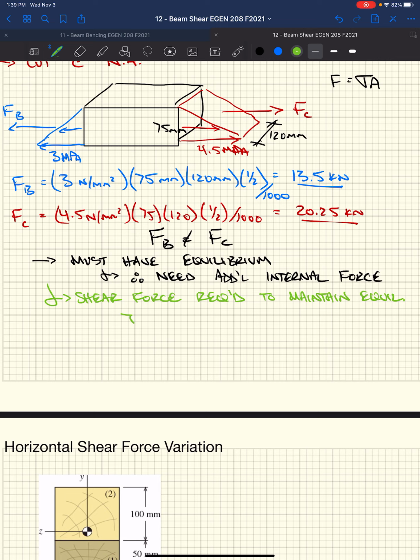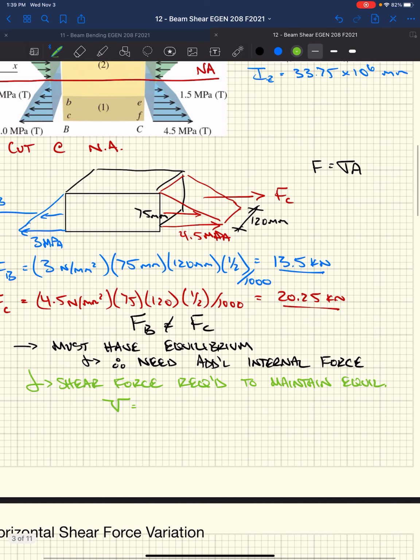So our shear force, V, which is going to be now acting on this horizontal surface, is going to be utilized to maintain the equilibrium, to add to FB so that forces to the left equal forces to the right.